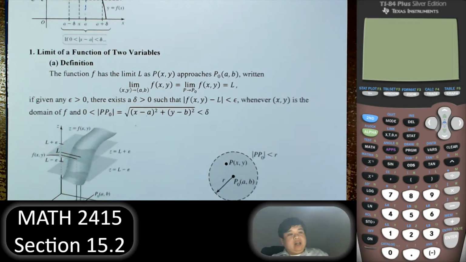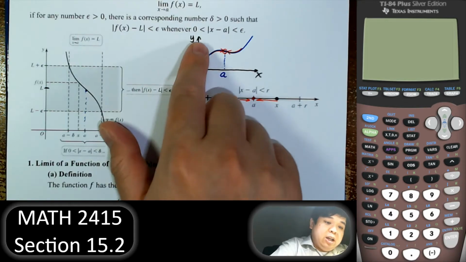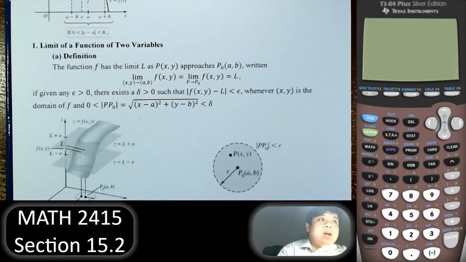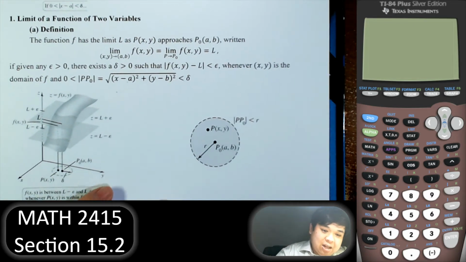That's essentially the definition of the limit. Here we use the magnitude instead of absolute values because there's more than one variable.